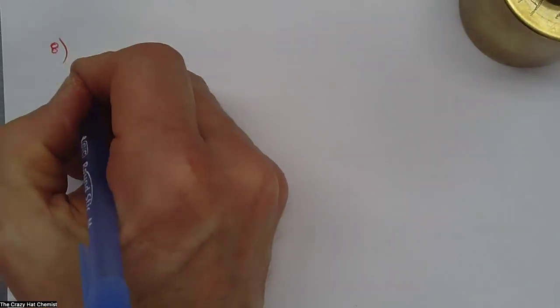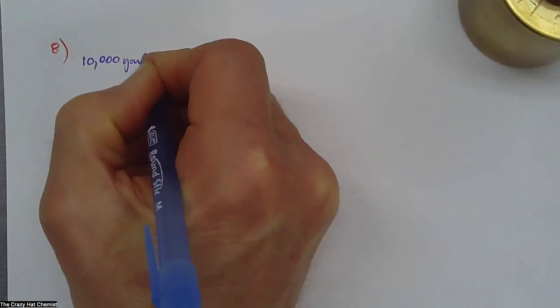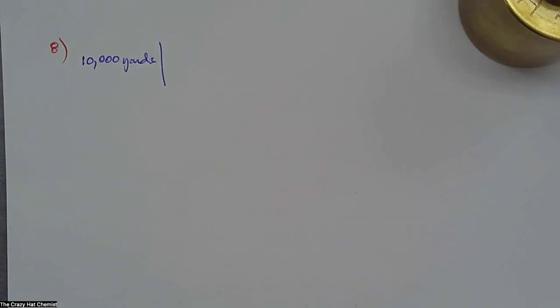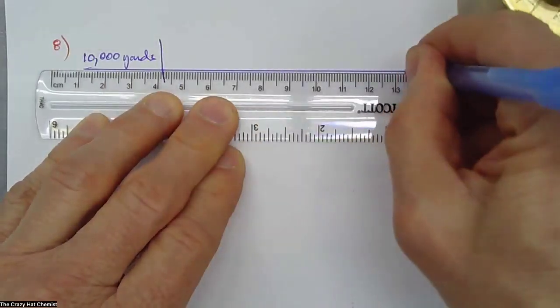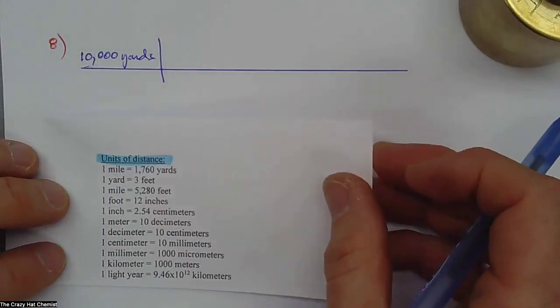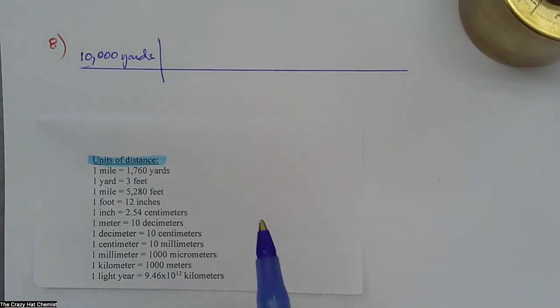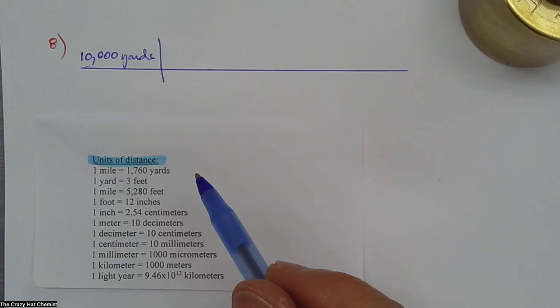So we're going to start off with 10,000 yards, vertical stop, and we are looking for kilometers. So we're going to have our units of distance right here, and we are going to go from yards to kilometers.